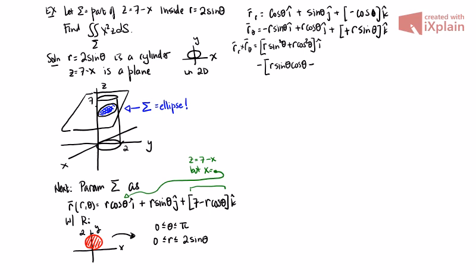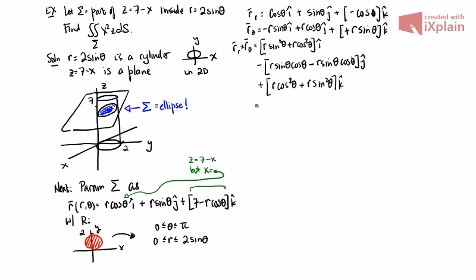There's minus, a minus times a minus, so minus a plus. So minus r sine theta cosine theta j. And then for the k, we hide the k's, and we get r cosine times cosine, so r cosine squared theta minus a minus r which is a plus r sine squared theta.